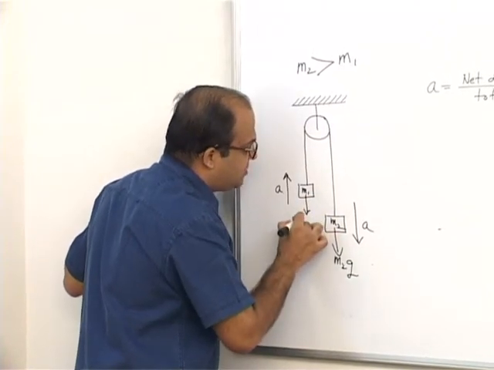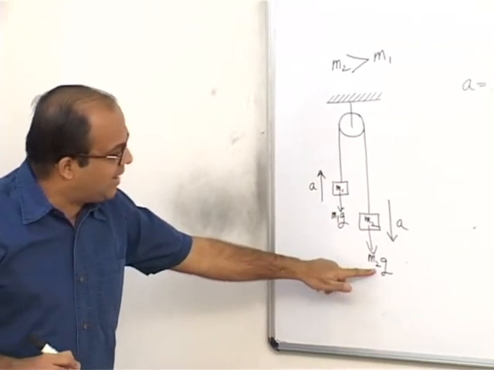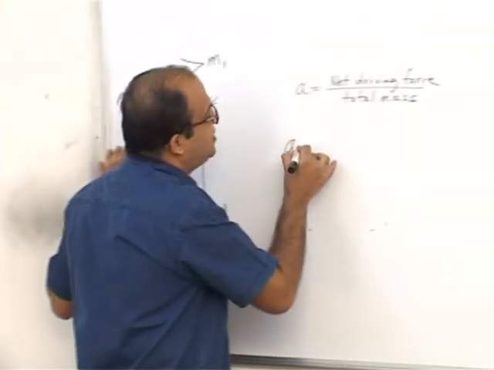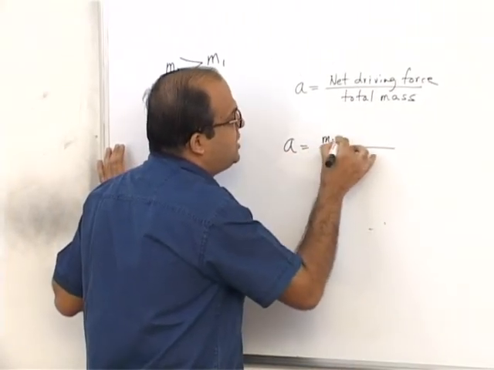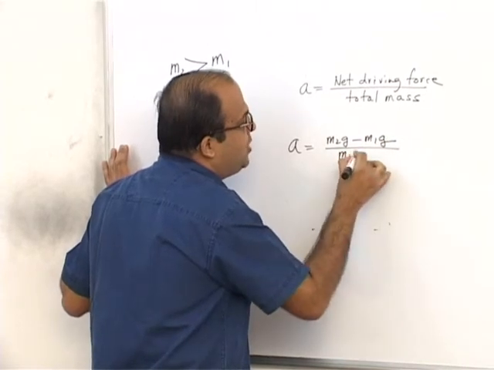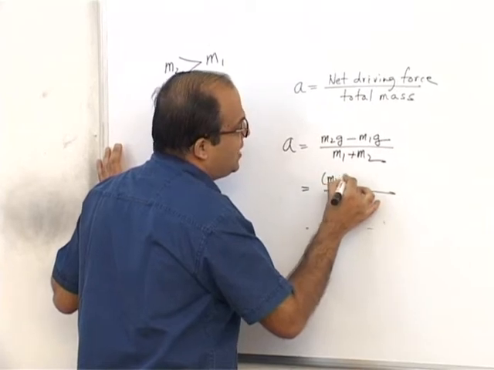M1G is trying to oppose that. So net driving force is M2G minus M1G. So acceleration is equal to M2G minus M1G by the total mass, M1 plus M2. So we get the same result for acceleration.